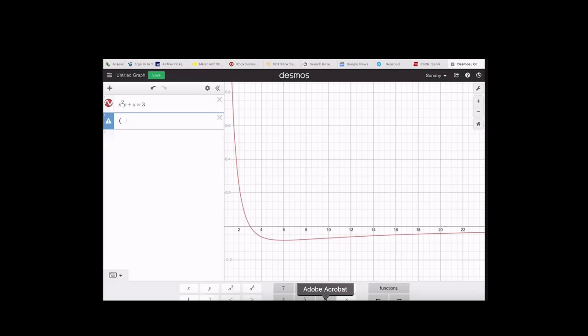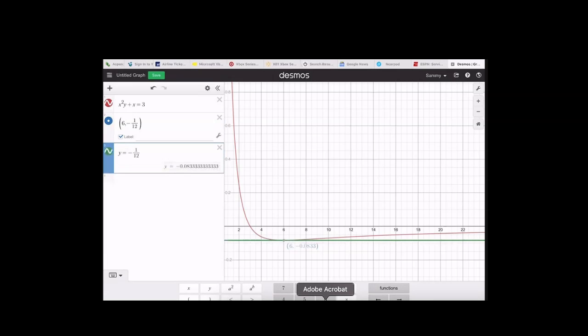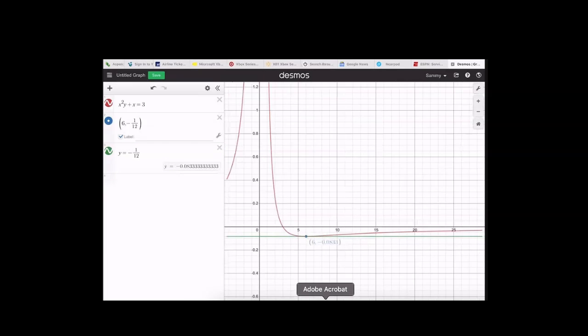It is at the coordinate 6, comma, negative 1 over 12. And if you look at that graph, you can see that there is in fact a horizontal tangent at y equals negative 1 over 12. This is visually what we found.